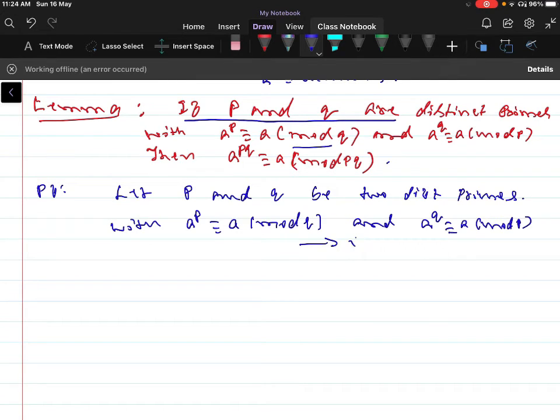So this is equation 1, this is equation 2.